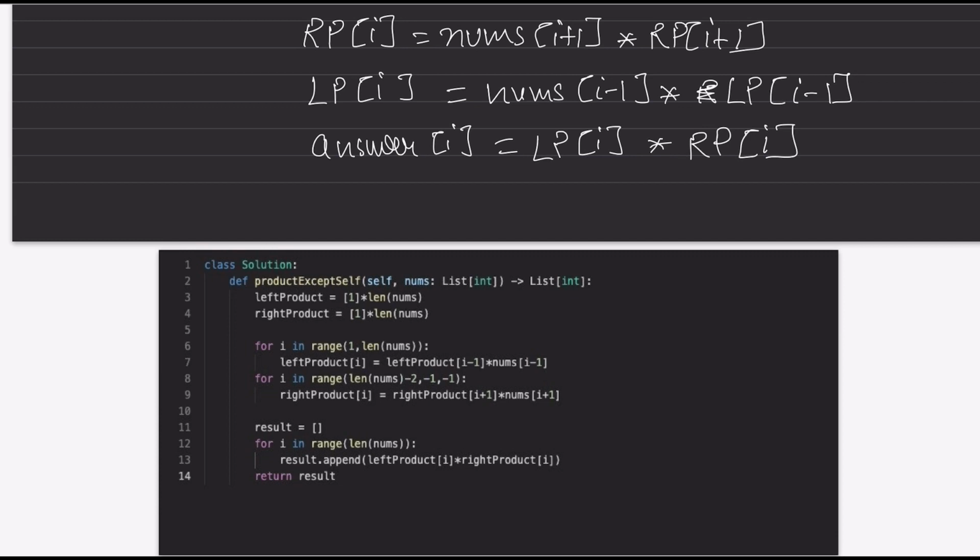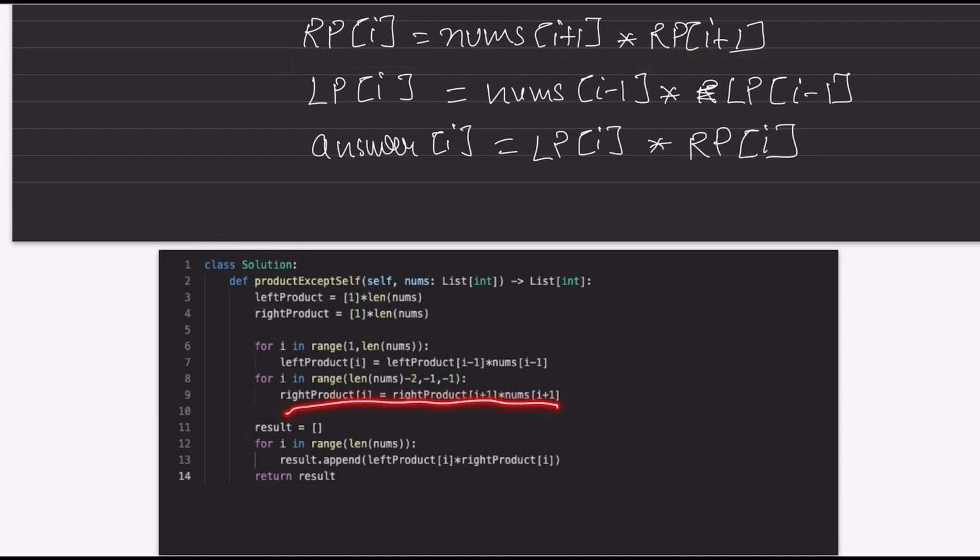We are doing this because we know that initially LP of 0 and RP of the last of nums will be 1 only. Now we know the LP of I formula, nums of I minus 1. This is the same, right? And the same goes for the right product.